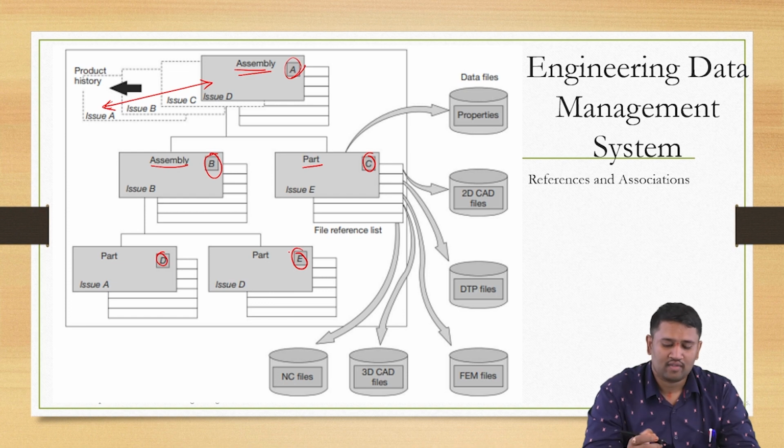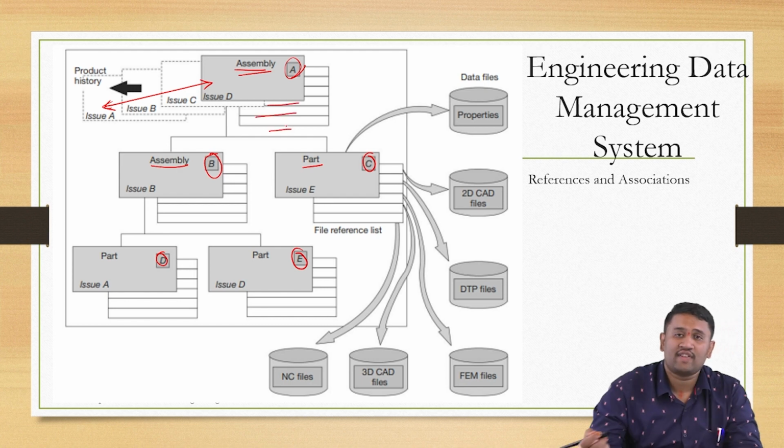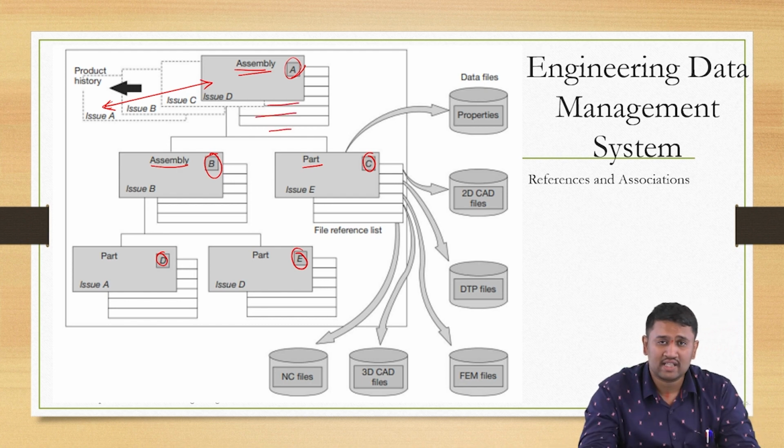Right? Now, each part or each assembly will have a separate list: a list of data for the number of parts it is using and from where the part has been referenced. Now, for example, take part C, because every last one will get to your final part.